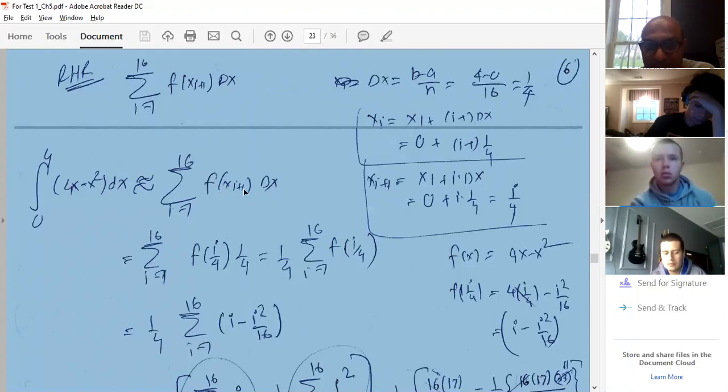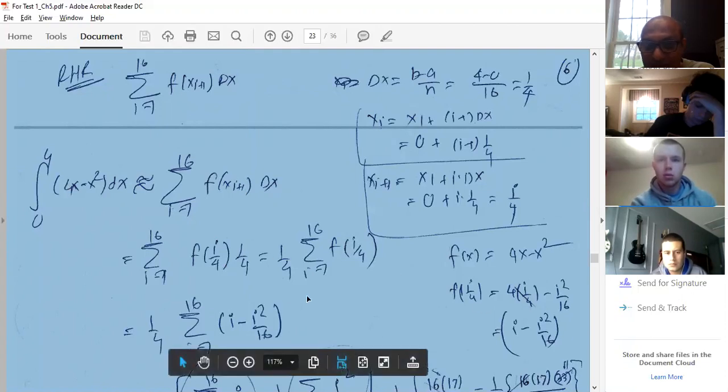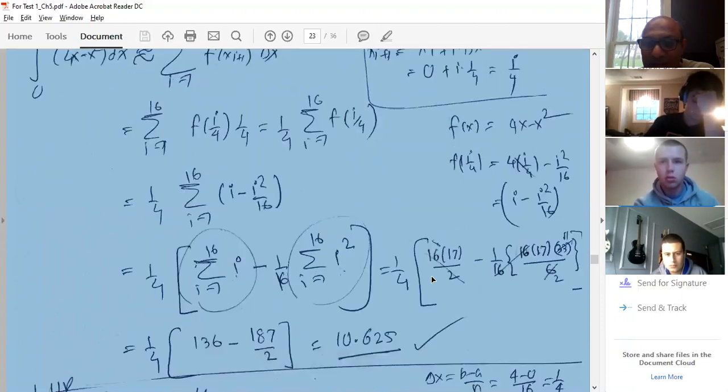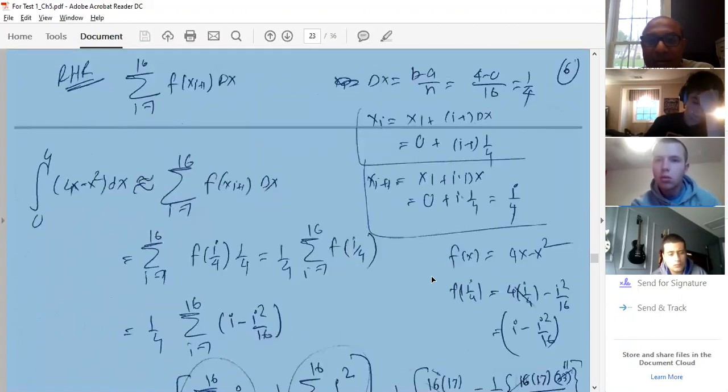This formula says f of x_{i+1} is f of i/4, and delta x is 1/4. Don't forget this delta x, 1/4. f of i/4 we just computed separately: i minus i squared by 16.